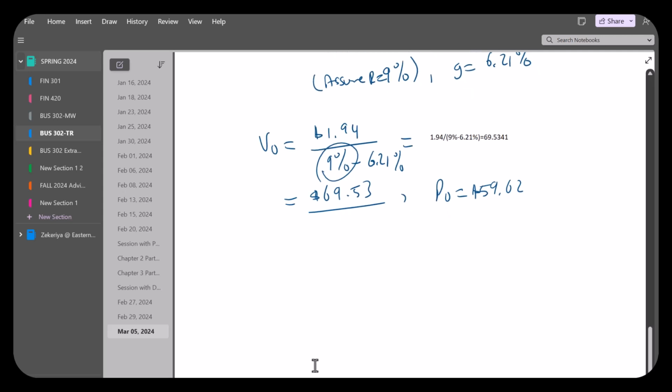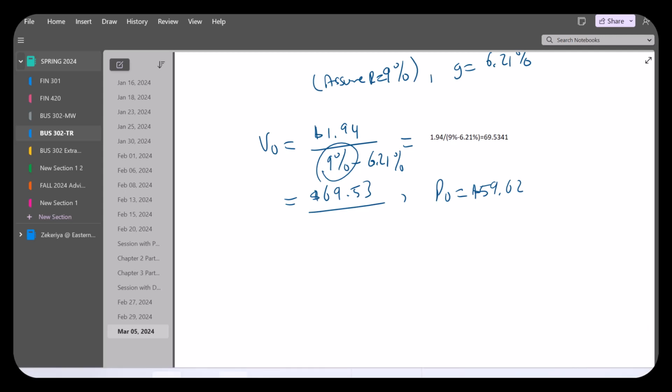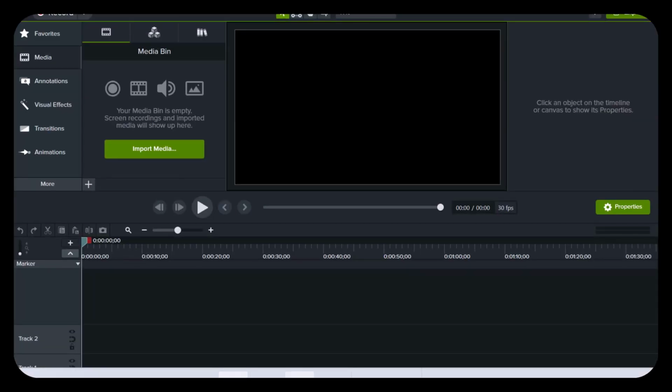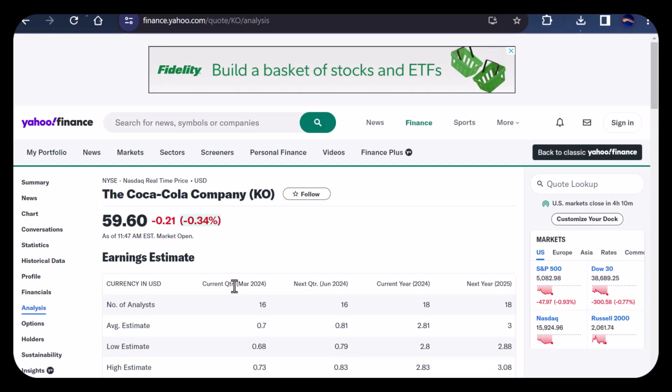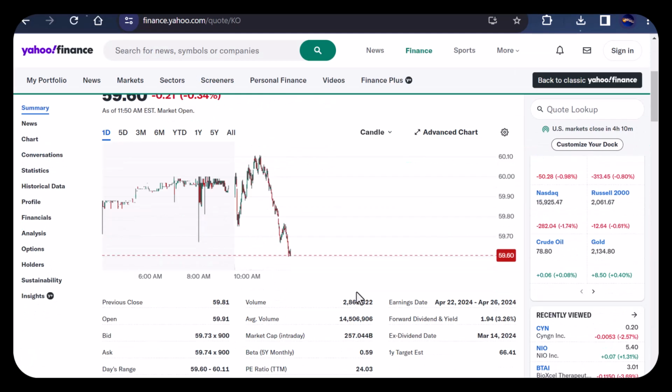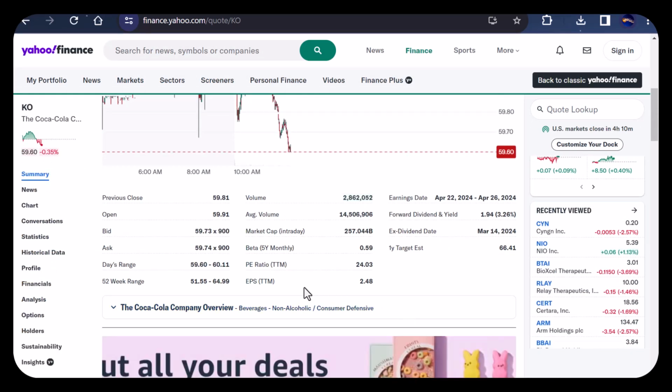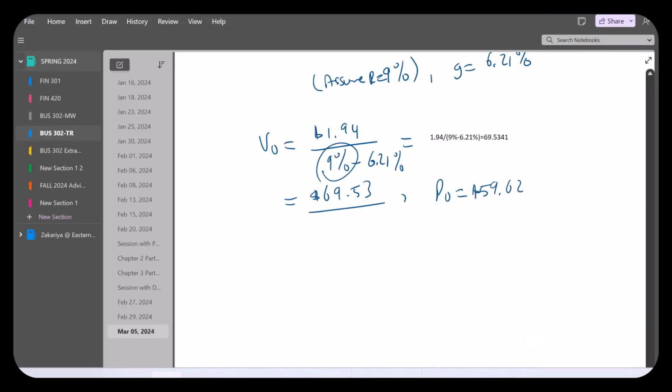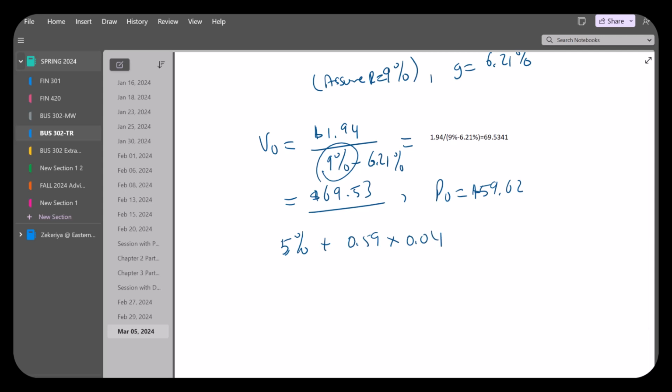But let me see what I would have gotten. What is the beta? 0.59. So let's make that 0.60.